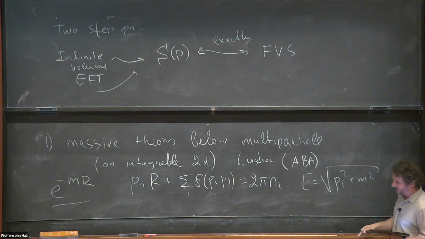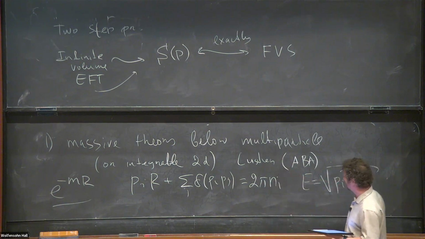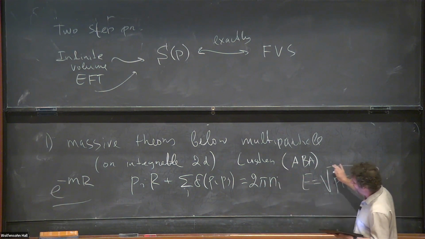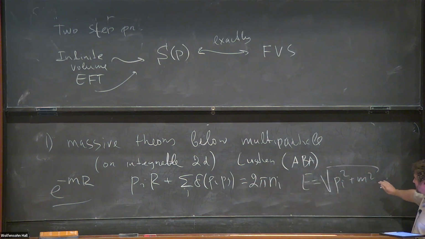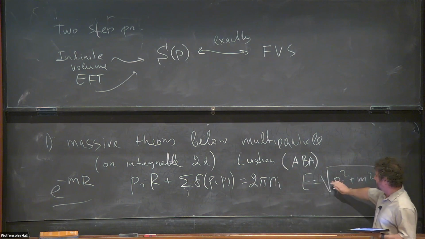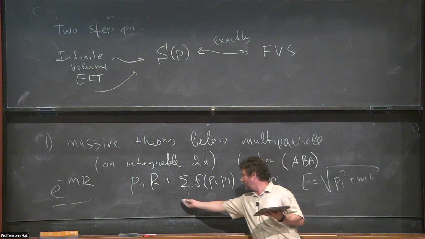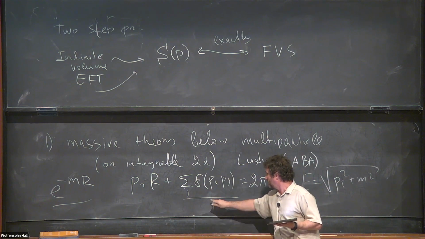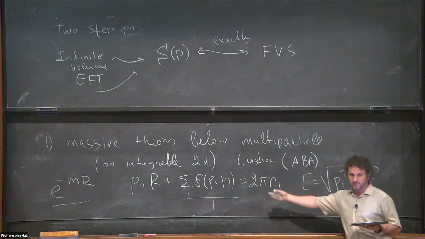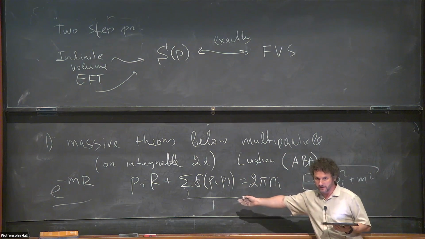There are other improvements which are important, but that's the most important one. Naive perturbation theory, which I described before, would correspond to expanding this equation perturbatively in delta.